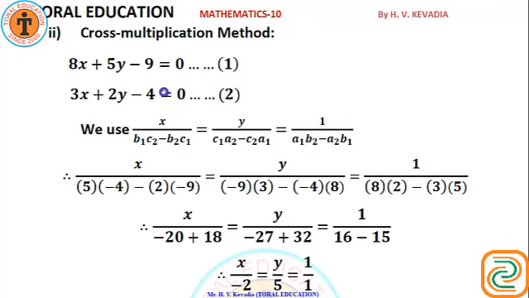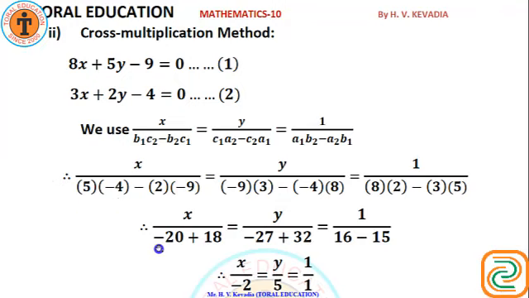Here c1a2: c1 is minus 9, a2 is 3, so minus 9 into 3, minus c2a1, that is minus 4 into 8. a1b2, that is 8 into 2, minus 3 into 5. Don't forget to put the proper sign. I tell it again and again.